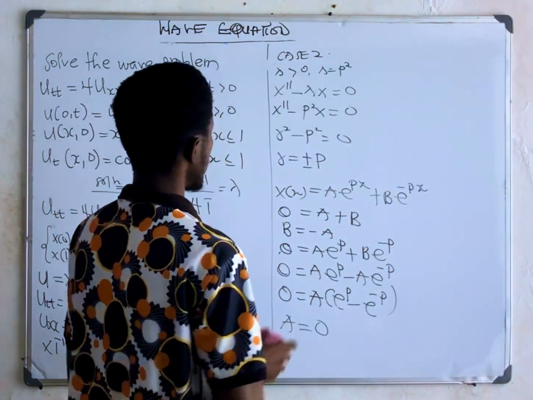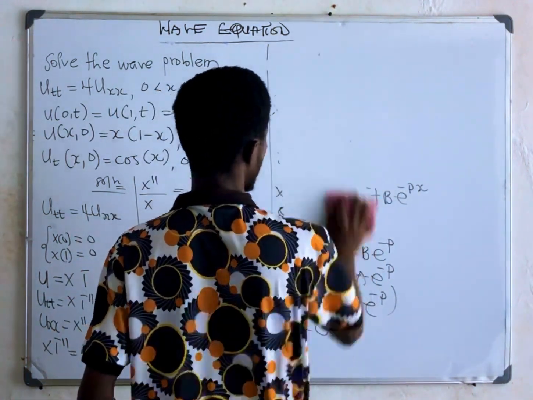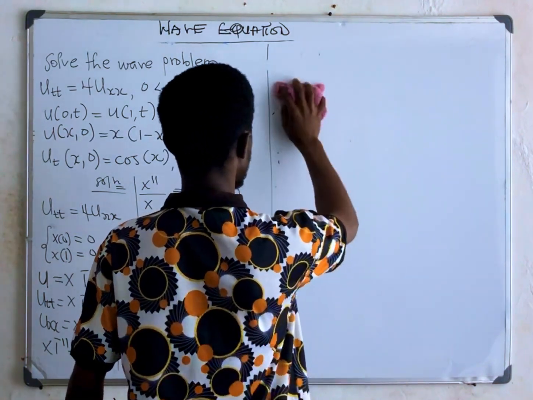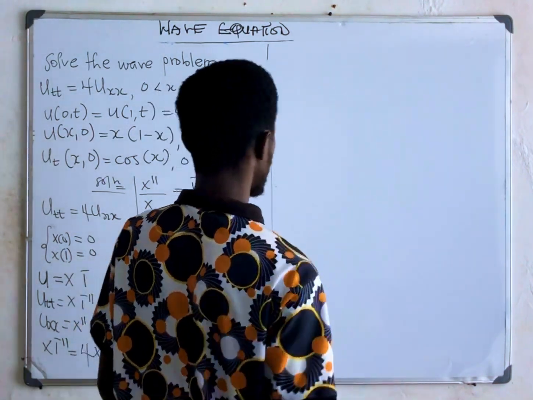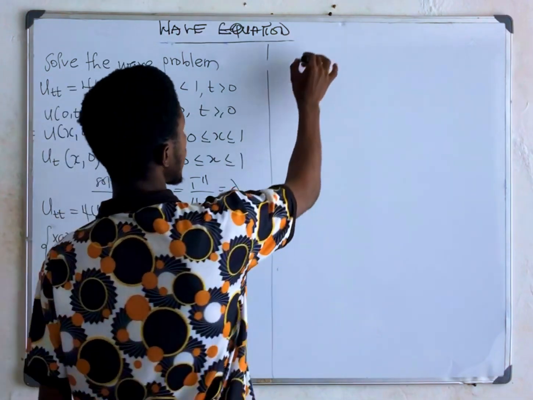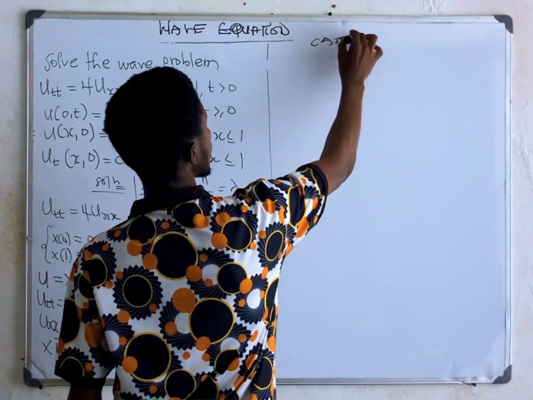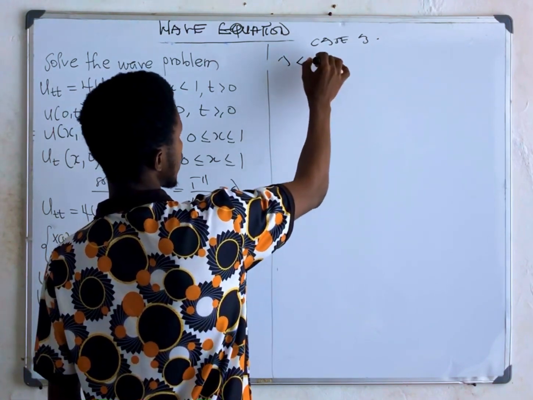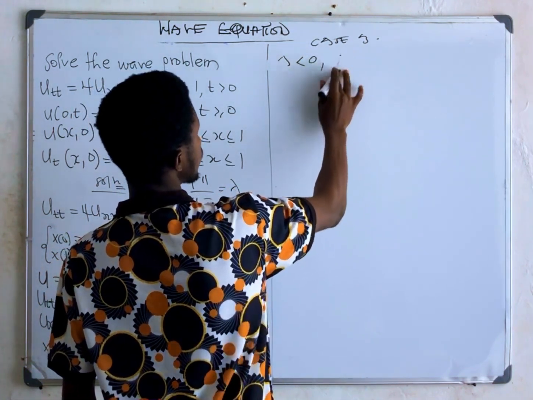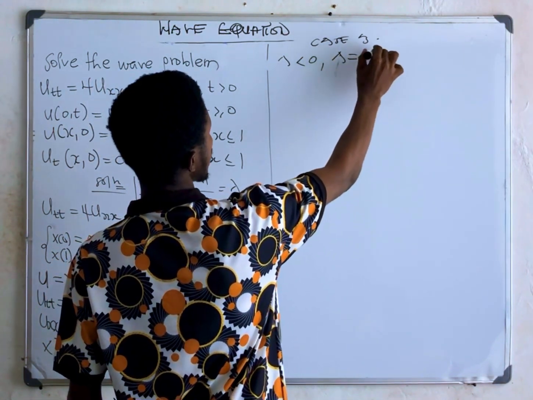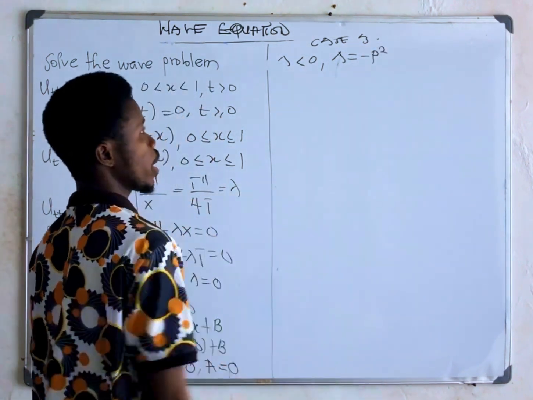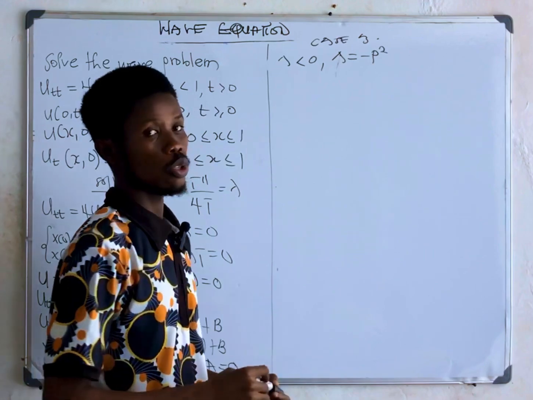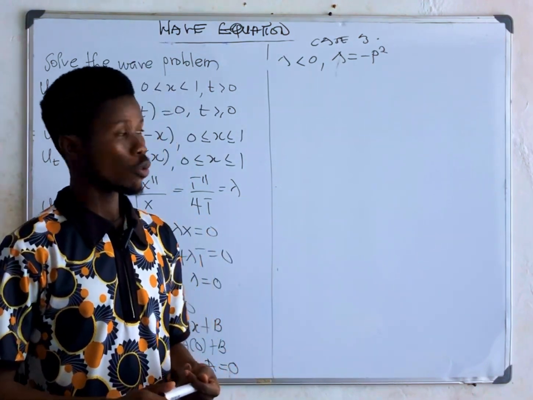Let me clean this side again for case 3. Case 3. What is case 3 saying? You say that this lambda is less than what? 0, which means that we should let lambda be equal to negative p squared. I've explained where this negative p squared is coming from. Now, if you're able to do that, it is very simple.